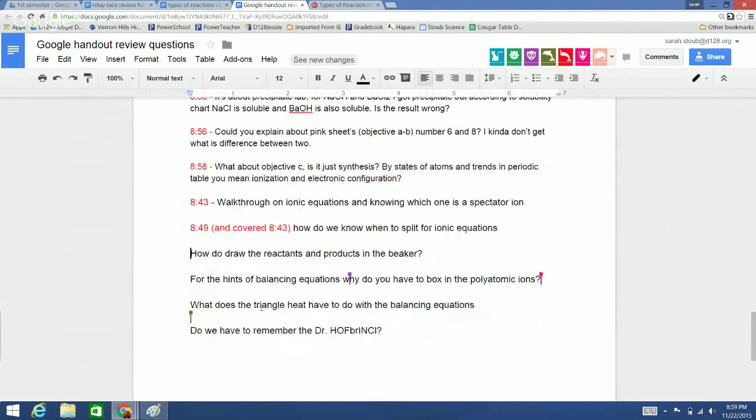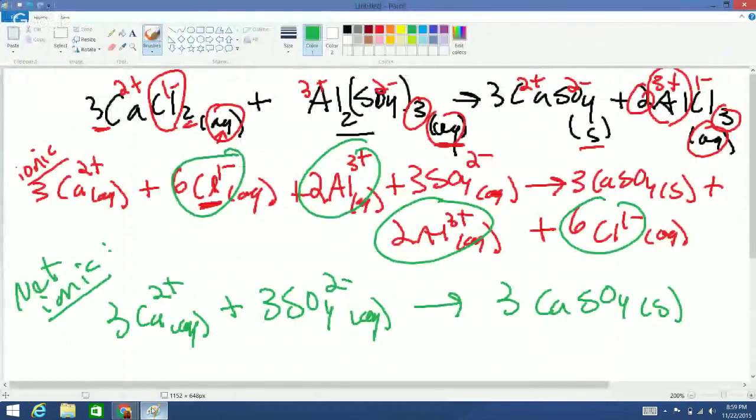How do you draw reactants and products in a beaker? Okay. I'm going to draw it for this picture.